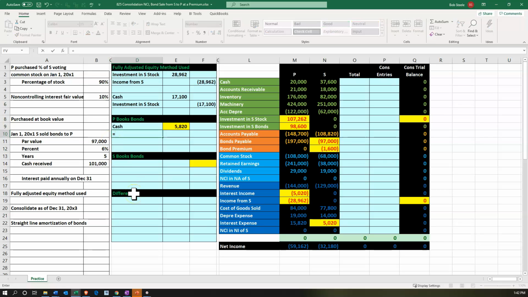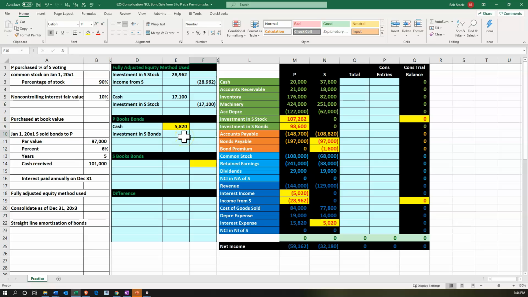So the investment in the bonds is going to go down by the difference between these two, which is what would be the premium on S's side, and then we're going to straight line that over the life of the bond. We're going to want this 107,262 to go down to basically the 101 by the end of the life of this thing, 5 years, because then that's what's going to be owed to us at the maturity date.